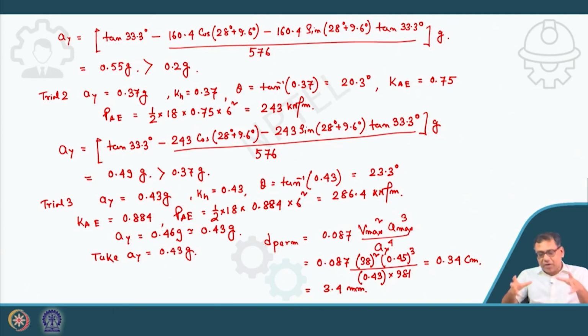Okay, and then I solved a problem by which you can know how we can determine the seismic displacement of a retaining wall. Now I will start the last topic of this course, that is the design of reinforced retaining wall under seismic condition.